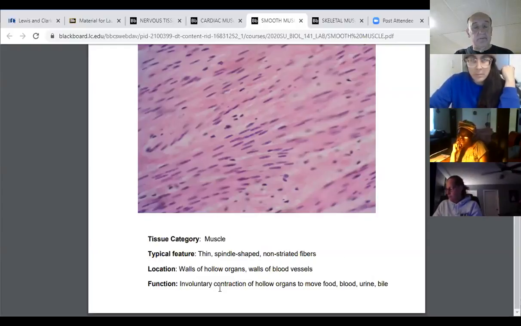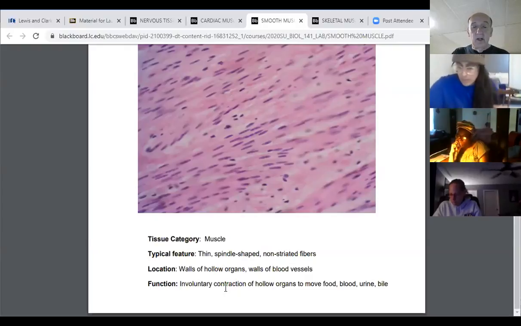Function is, again, please pick one you might want to highlight or circle, because one out of many functions is good enough. Involuntary contraction or involuntary movement of food, blood, urine, or bile. So this is referring to those hollow organs, movement of food, stomach, small, large intestine, movement of blood.